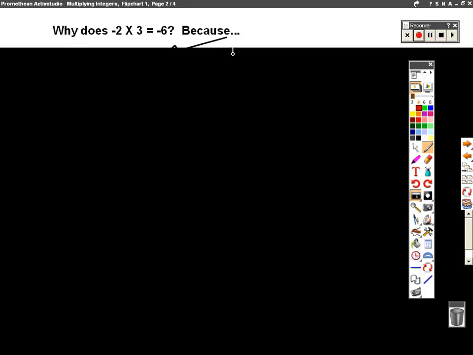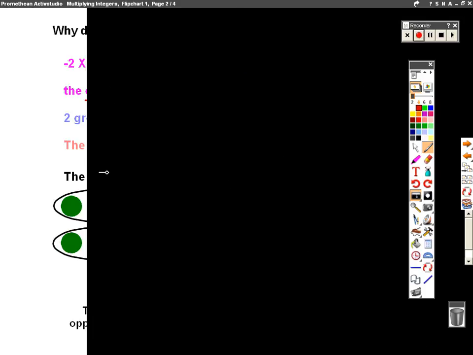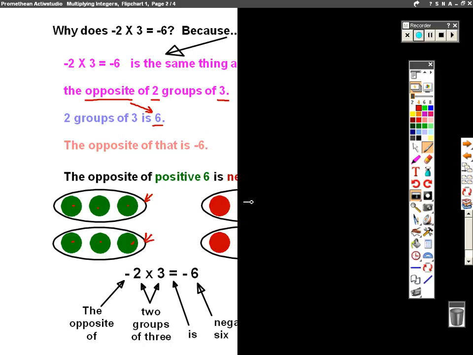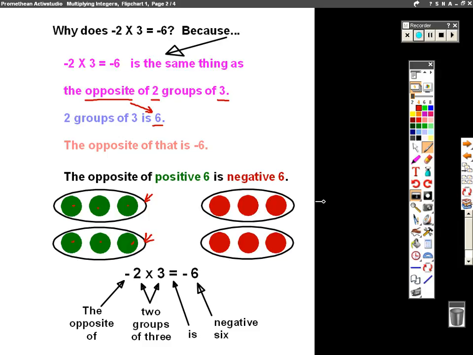Let's see what that looks like. Here's positive 6, and there's two groups of 3. Notice the two groups, and in each one, there's 3. Well, look, the opposite of that is two groups of negative 3.